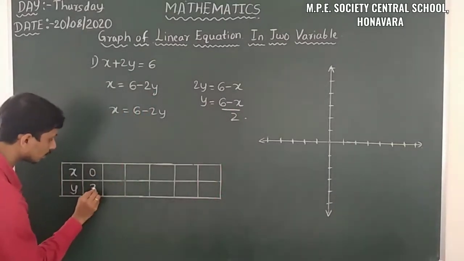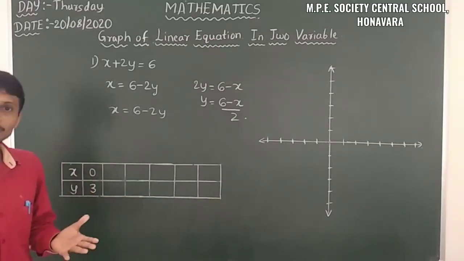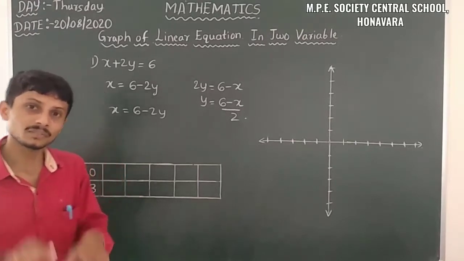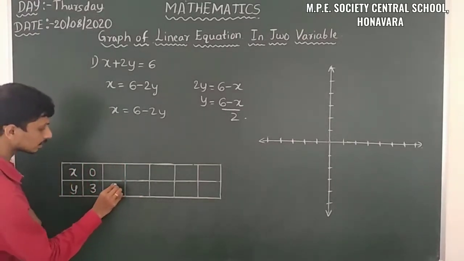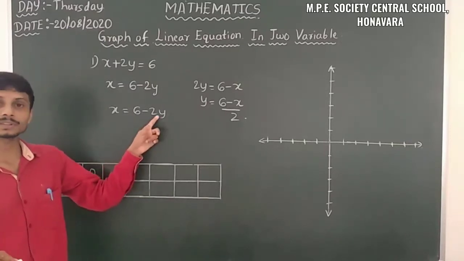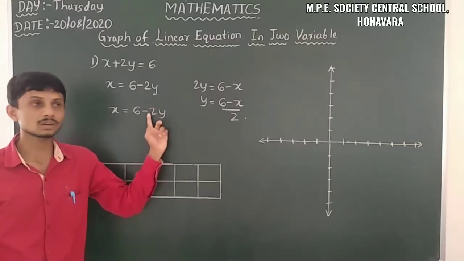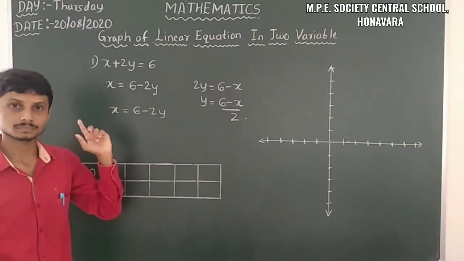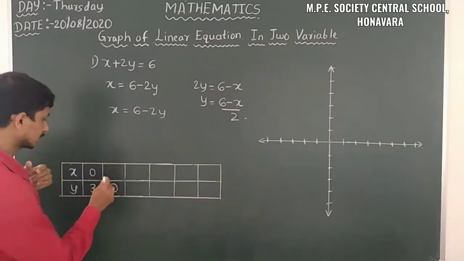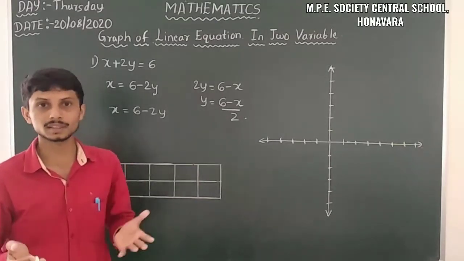So we got the value of y here, 3. After that we have to insert the value of y is equal to 0. You can take it like this also. From this equation you can get the value of x. When the value of y is 0, this term vanishes, that means only 6 remains here. Yes, these are the possibilities.